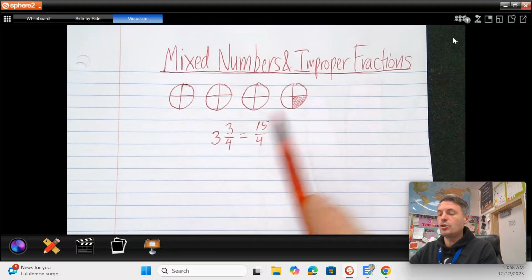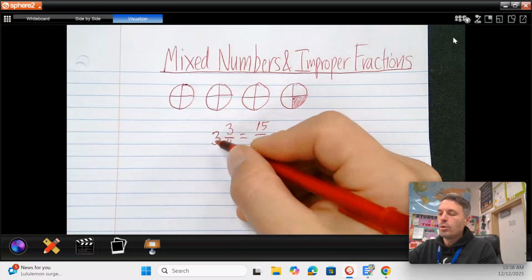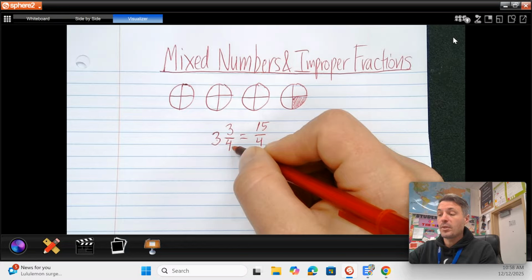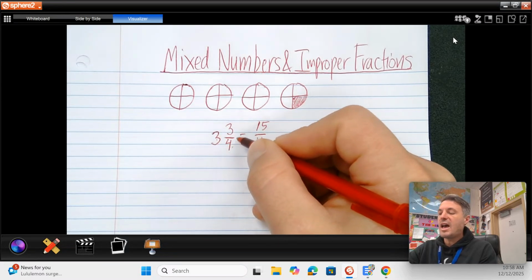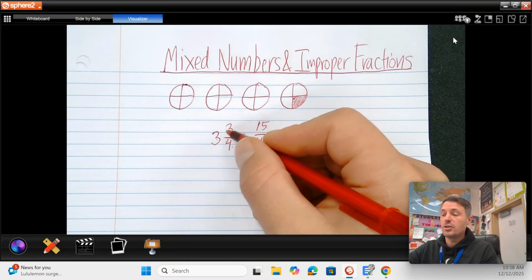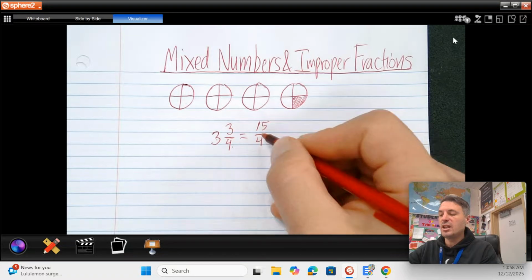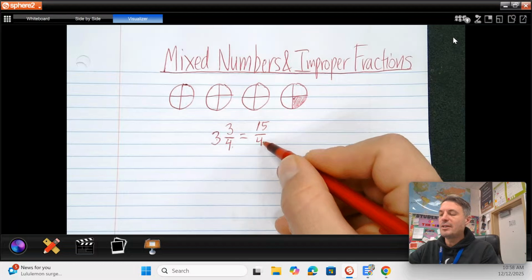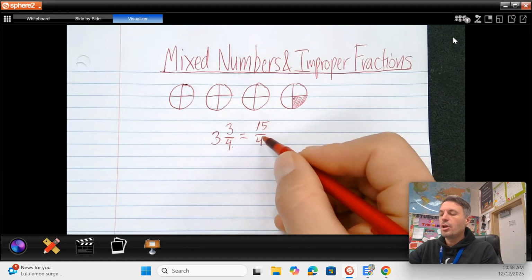Anytime you want to change a mixed number to an improper fraction, you multiply the whole number times the denominator, and then whatever answer you get, 3 times 4 is 12, you add the numerator to that. So 3 times 4 is 12, plus 3 is 15, and that's how you get your new numerator. And then the denominator just stays the same. Whatever the denominator is over here, you make that the denominator over here.